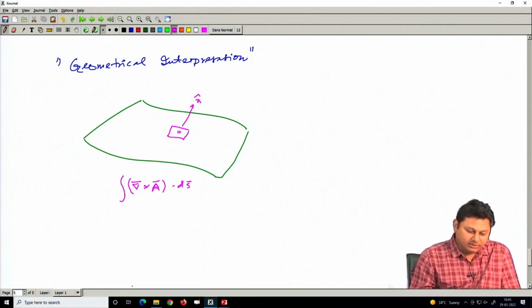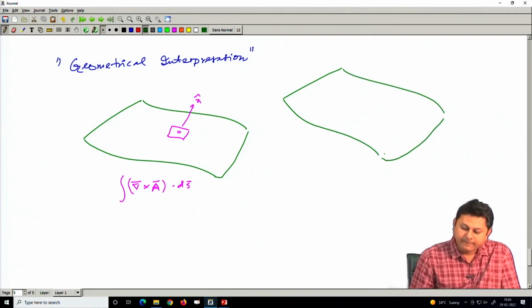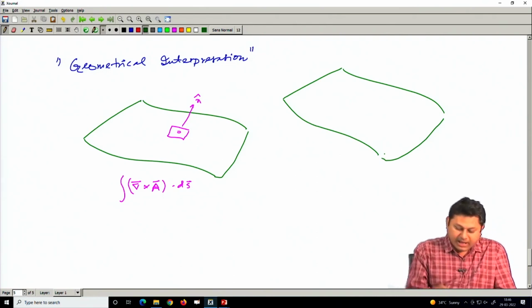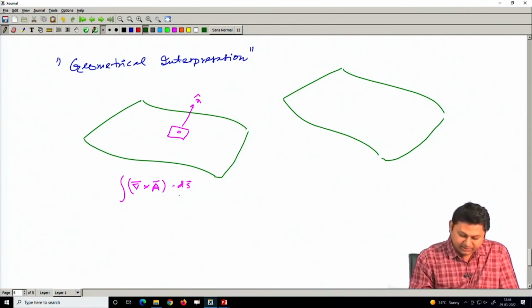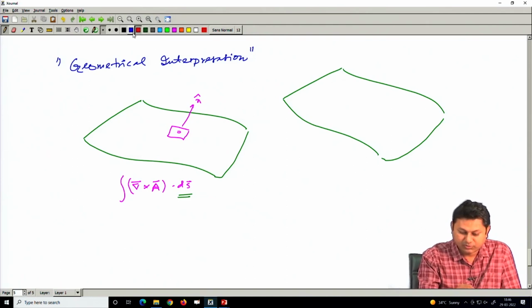Now, let me make subsections of this entire surface. Let me draw the same surface once again. I am integrating over small surface areas, so I can divide the entire surface into different sections.